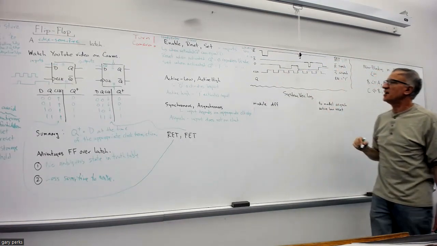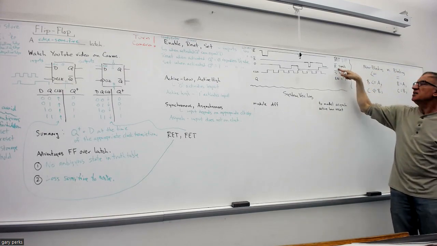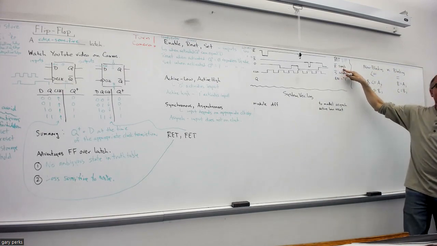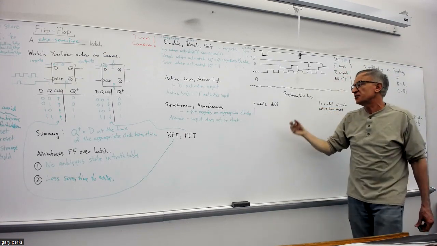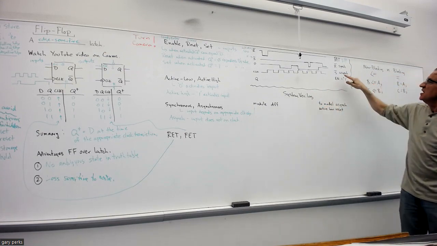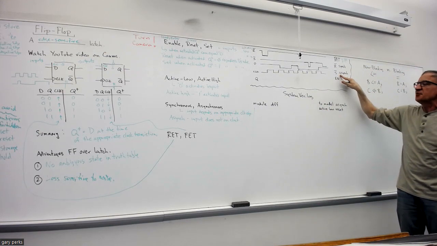So I'm just identifying the rising edges of the clock. Also, our active low reset is synchronous, so that means it depends on the appropriate clock transition, which in this case is the rising edge. The active low set is asynchronous, so it doesn't depend on the clock.